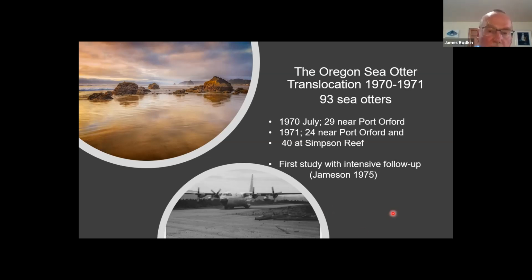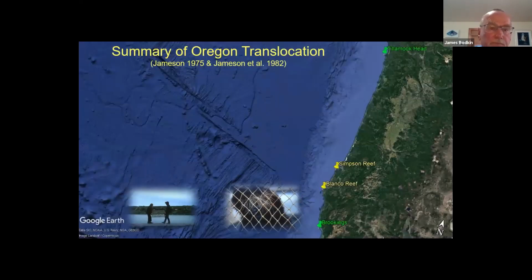But in this case, Ron Jameson did his master's thesis on the Oregon coast following these animals from essentially shortly after the translocation through 1974, and he continued, I think, until the last sea otter was observed in Oregon.